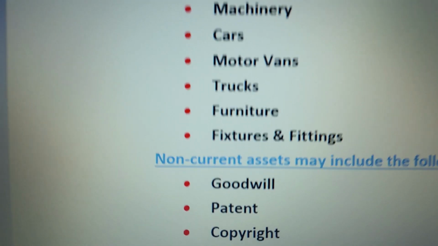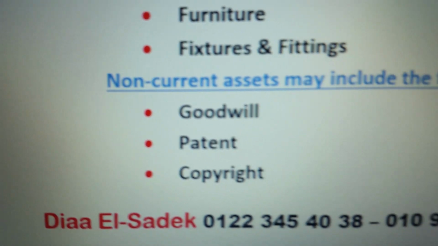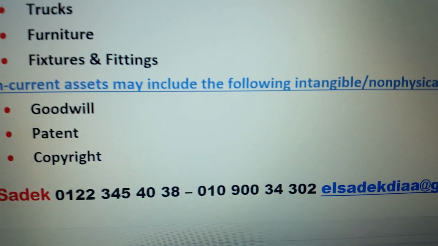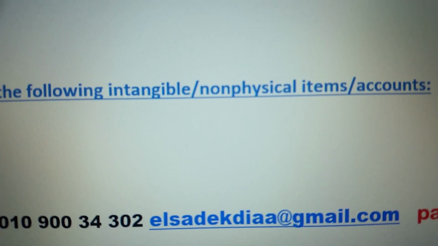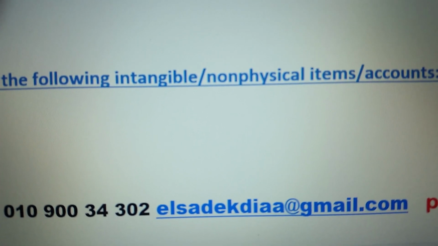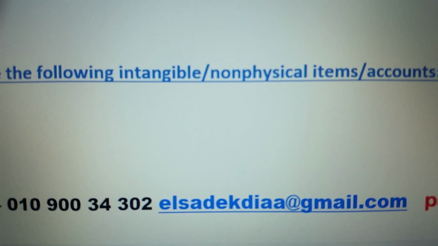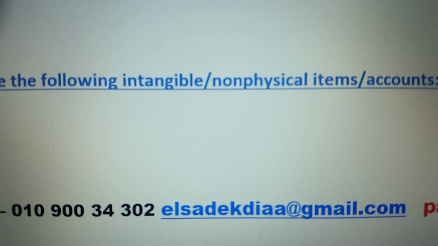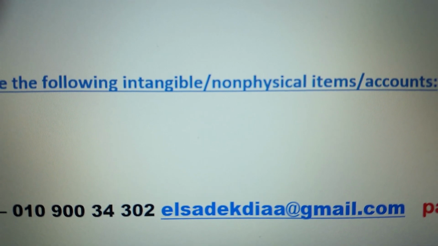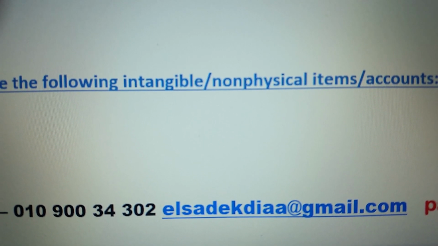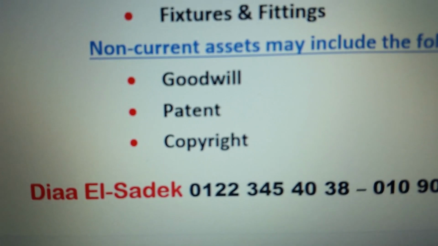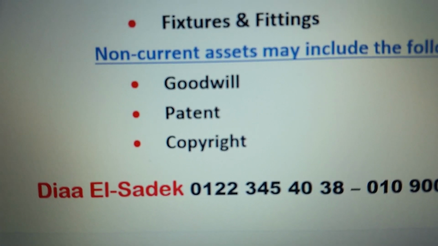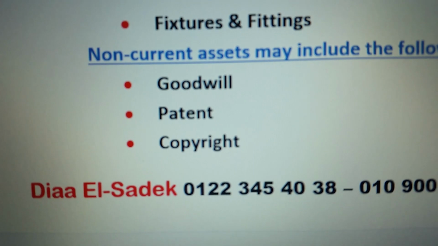The second type of the non-current assets is intangible or non-physical items. A business may own an intangible item, such as goodwill. Goodwill is the good reputation of a business.